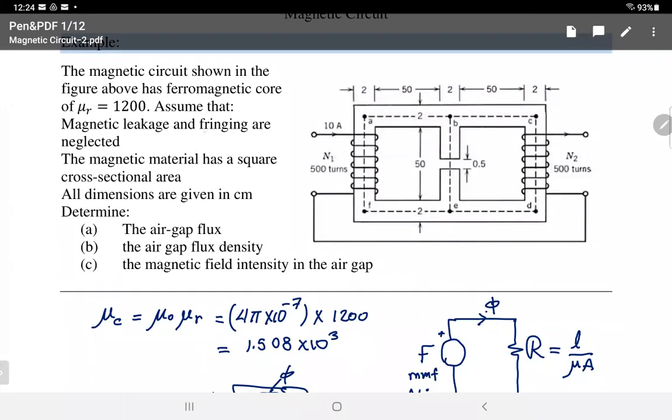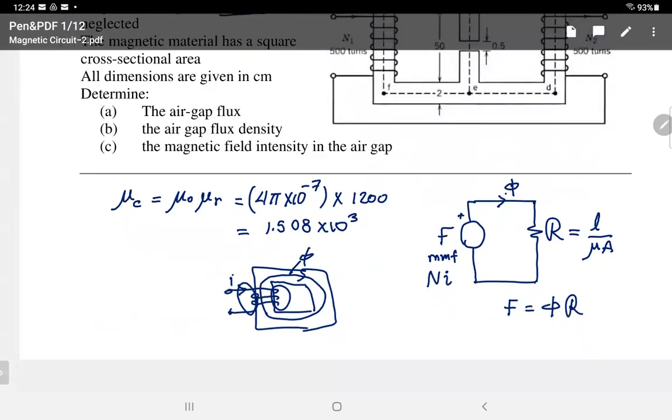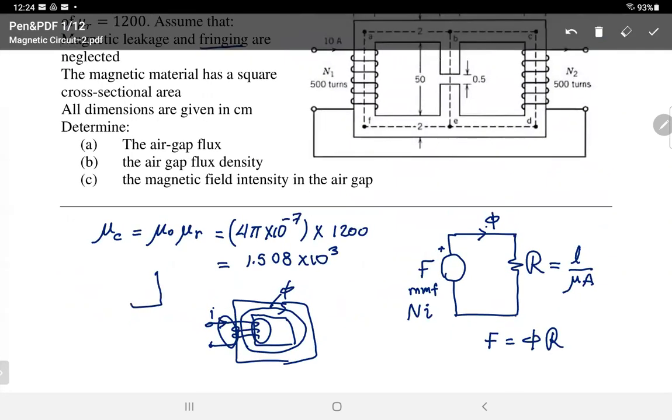The second thing is neglecting fringing. What is fringing? It happens only when you have an air gap. Let me show you what fringing looks like. If you have a core like that, and there's an air gap in the middle, we assume that the flux will go through the air gap in straight lines, as we assume in the path of the flux. But that's not true.